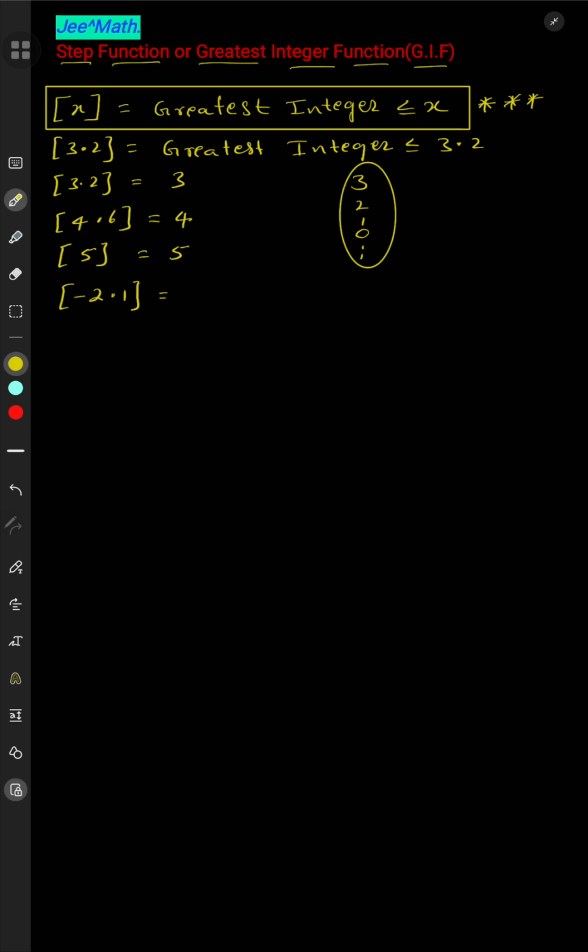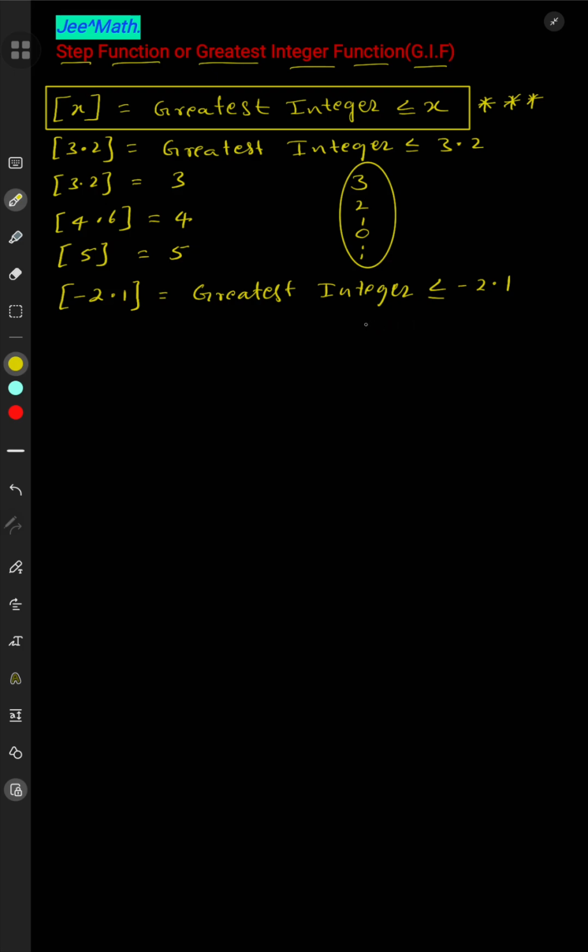In place of x, here we are writing minus 2.1 on both sides. So you see here, greatest integer less than or equal to minus 2.1. Both sides you need to write, right, in place of x. So what are the integers less than or equal to minus 2.1?